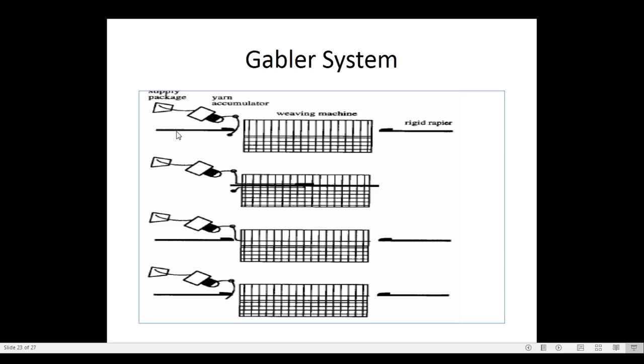So here the left hand rapier head grips the weft, catches the weft, and goes inside. So it will form a hairpin like this, because one end is gripped here and the next end is gripped here.